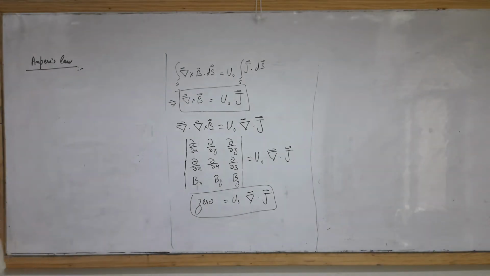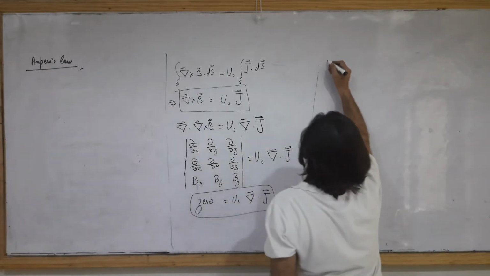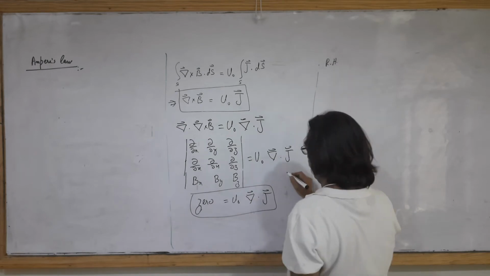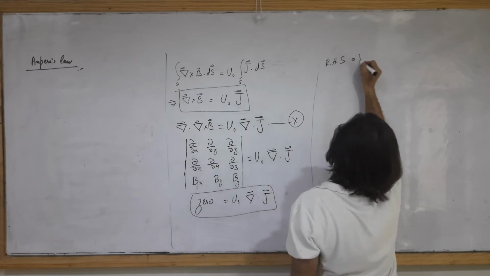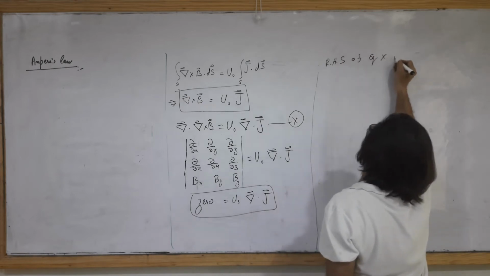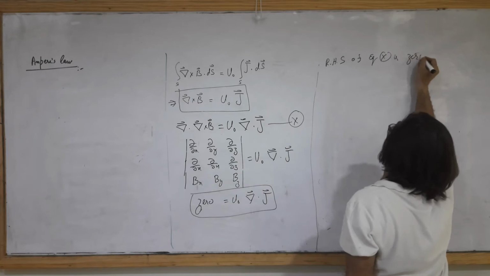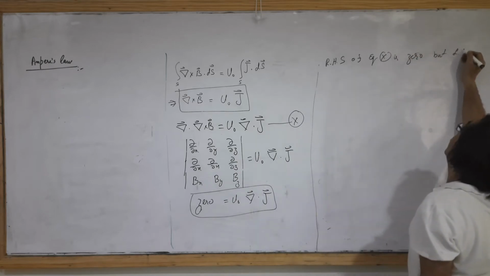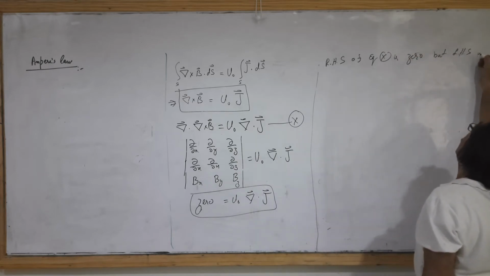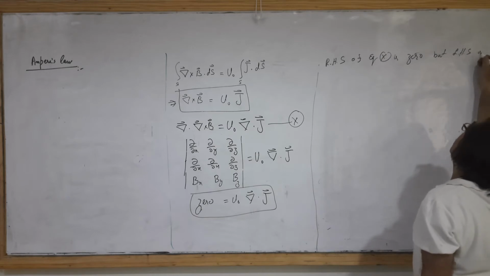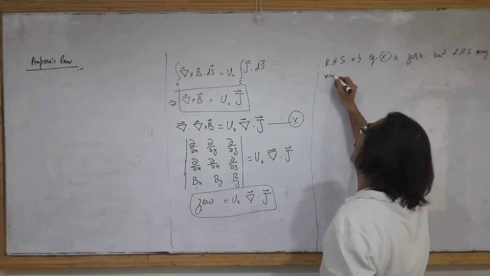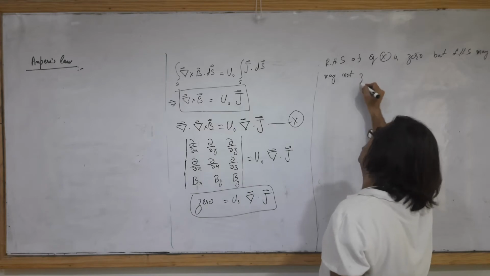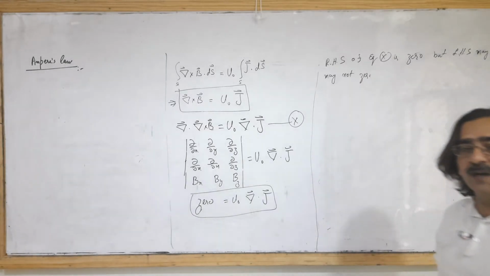So the left-hand side of equation X is 0, but the right-hand side may or may not be 0.